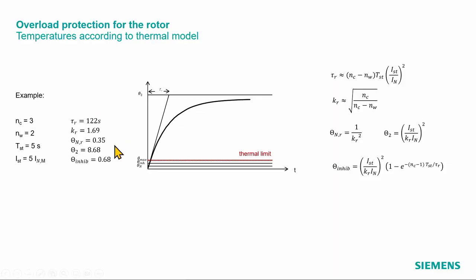Another interesting finding maybe is that the warm state here is around 1/3, so 34 point something percent. Basically, we can think about the following. If I have 3 starts from cold, then if we have a look here on this E function, this is more or less a straight line, so I will have 3 equal steps in the temperature after each start.